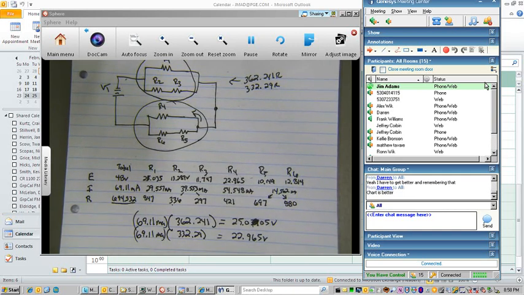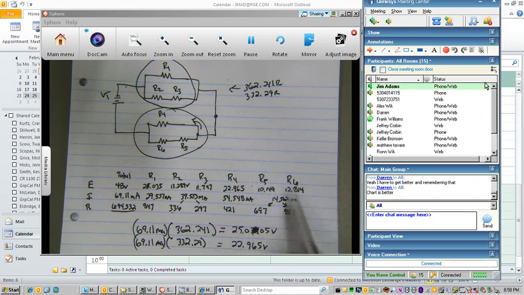So then we can go ahead and figure out the voltage drop for R5 and R6. And when you add them together, they should equal 22.965. Okay, this one is 10.149.